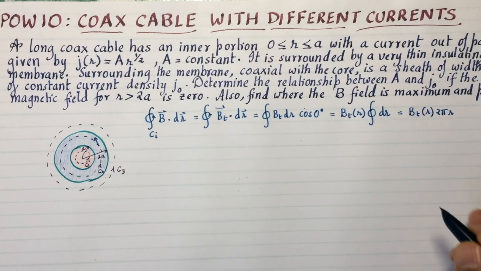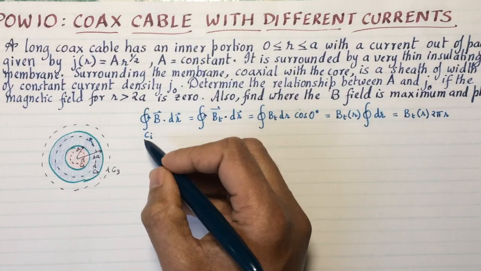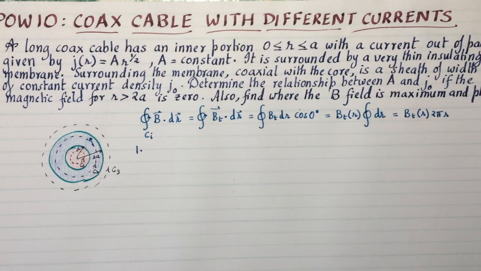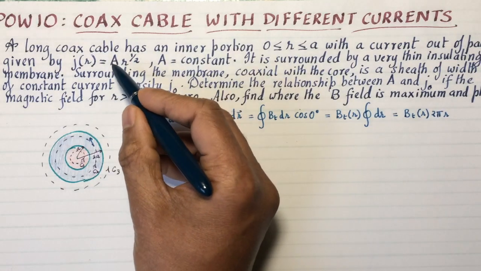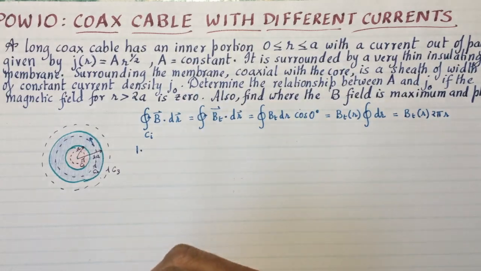The right-hand side is given by the various currents enclosed. So first of all, let's answer the first part of the problem. What should be the relationship between these constants A and J0 so that there's no enclosed current at all?